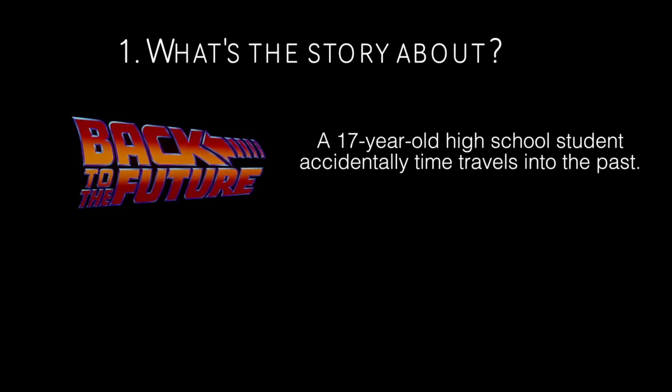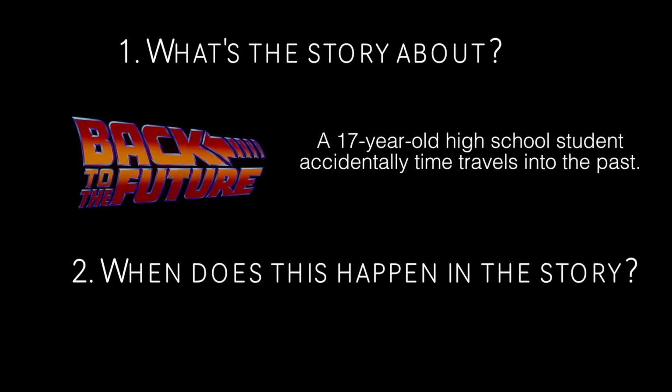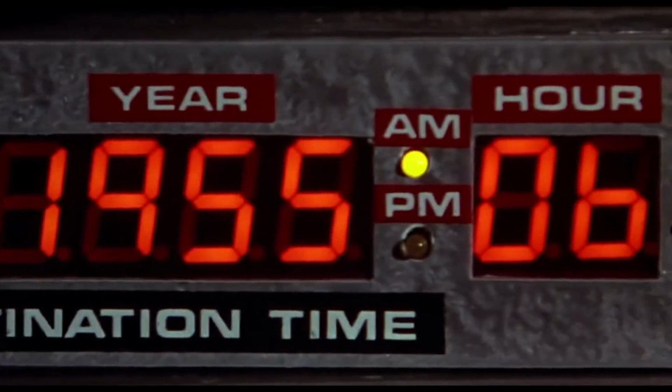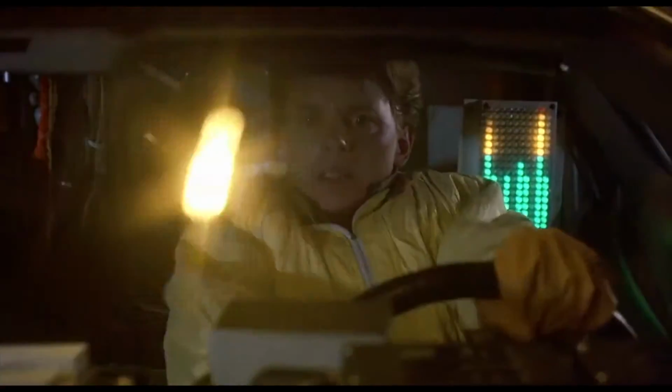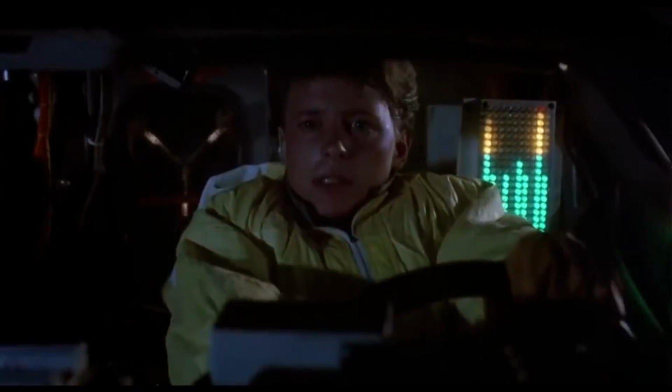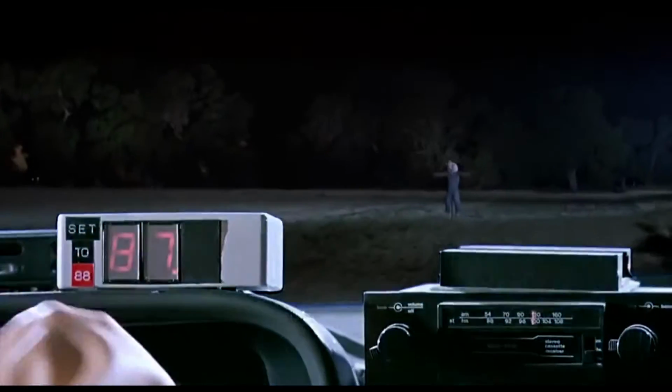A 17-year-old high school student accidentally time travels into the past. When does this happen in the story? Marty time travels back to 1955. That's the beginning of Act 2. So you see, Act 2 begins when the actual story begins. It's the time when he passes from his world to another one, an unknown world to him.